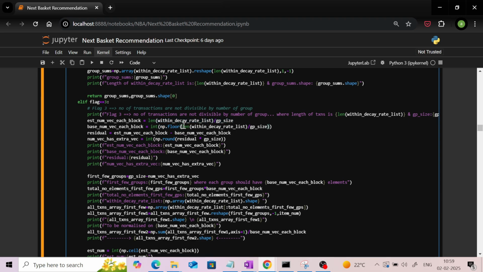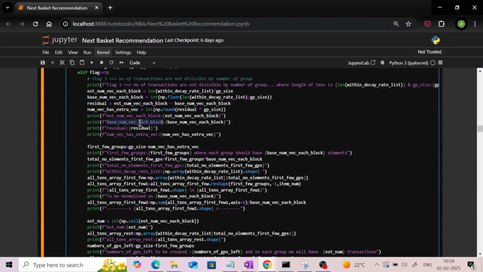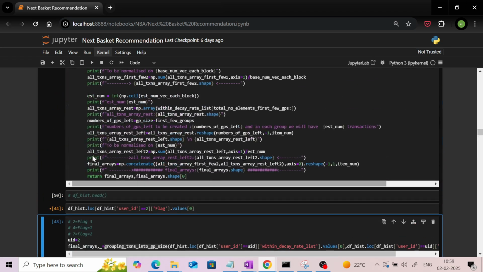But with the floor, instead of taking 2.14 at face value, it will lower it down to the lower denomination. Here the lower denomination of 2.14 is 2. So it says the base number of vectors in each block should be 2. If you see here, we are printing it, and the base number of vectors in each block is 2.